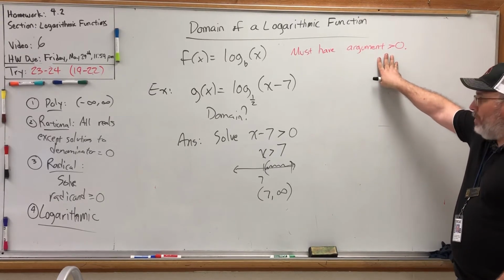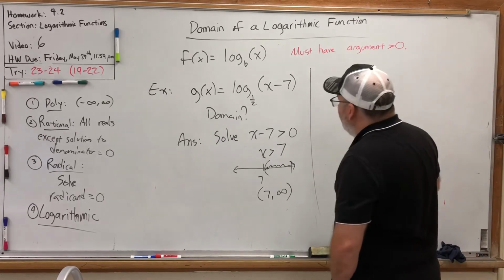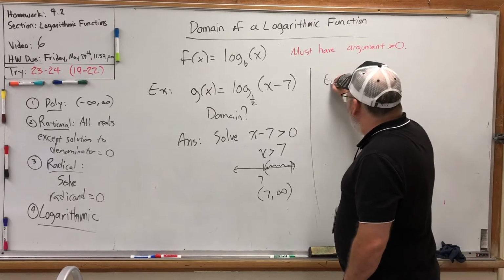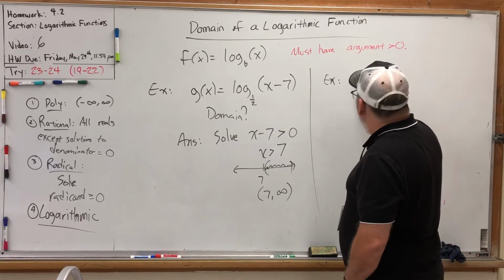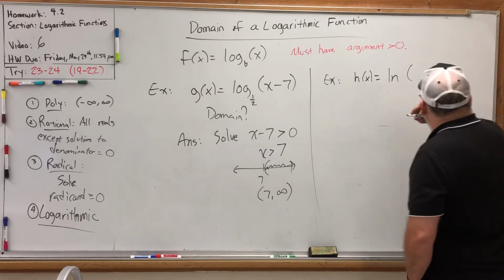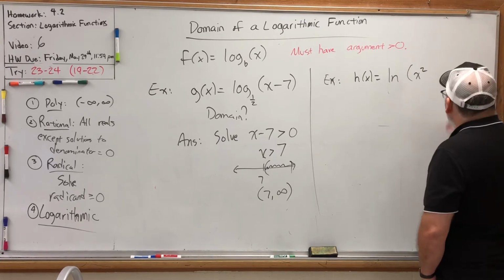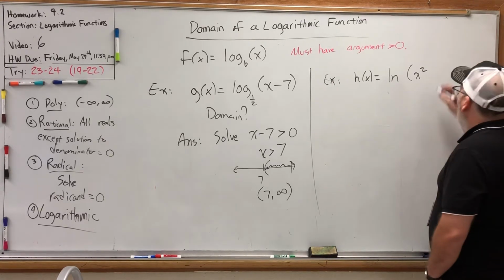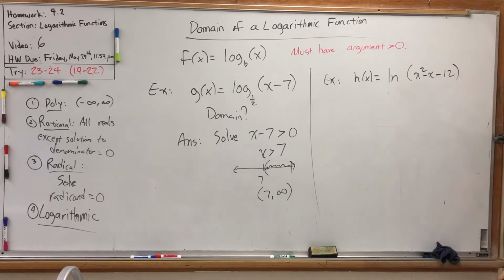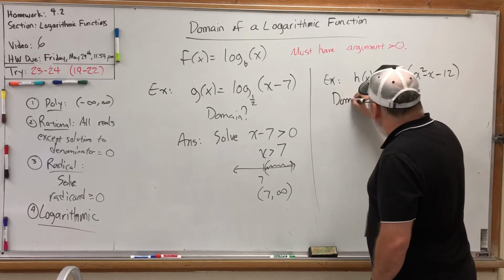Now, there are various inequalities, and the way that you solve them depends upon the way the argument is set up. So for example, if we had h of x equals natural log of x squared minus x minus 12, to find the domain, we still set it up the same way.